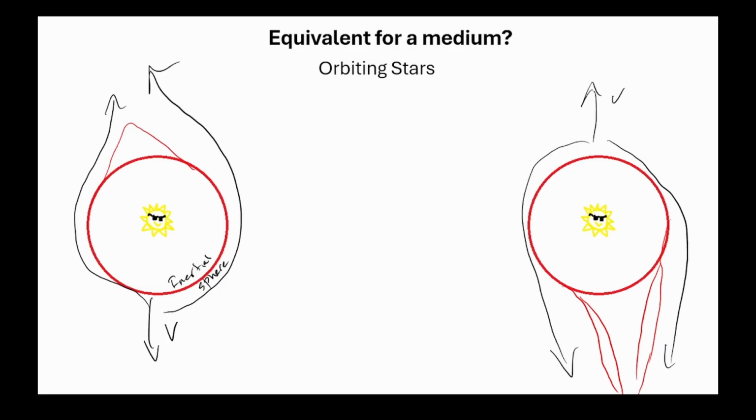So what I'm trying to draw here is that as two stars would be orbiting each other, you could start to create these little tails of your inertial spheres, and these tails can maybe perhaps lose momentum into the medium, and also help contribute to these falling towards each other.